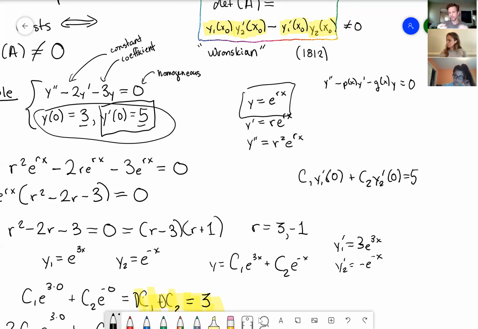The solutions end up being very similar, but we have to build on it using, for example, variation of parameters, a technique we've seen before. So this only works in the constant coefficient homogeneous case. And that's the answer to your question.